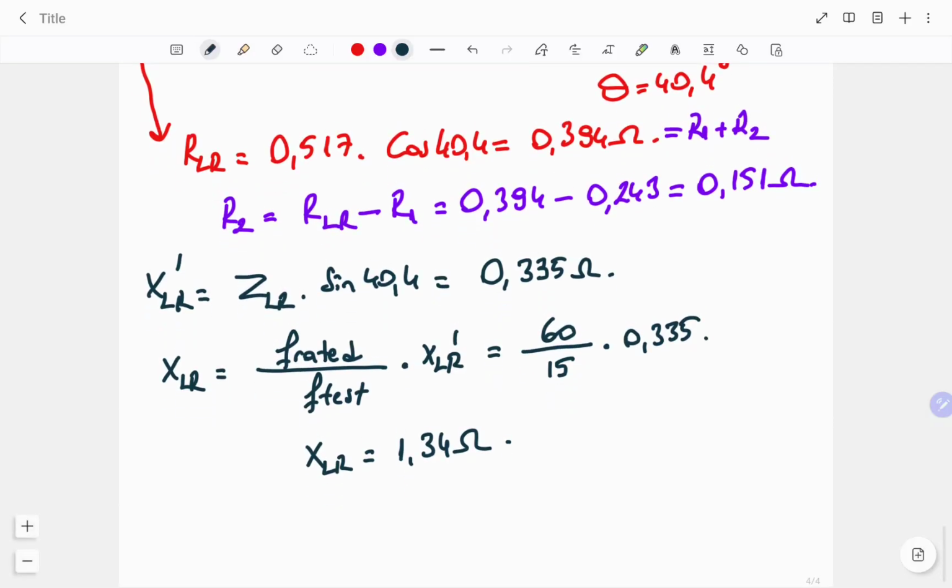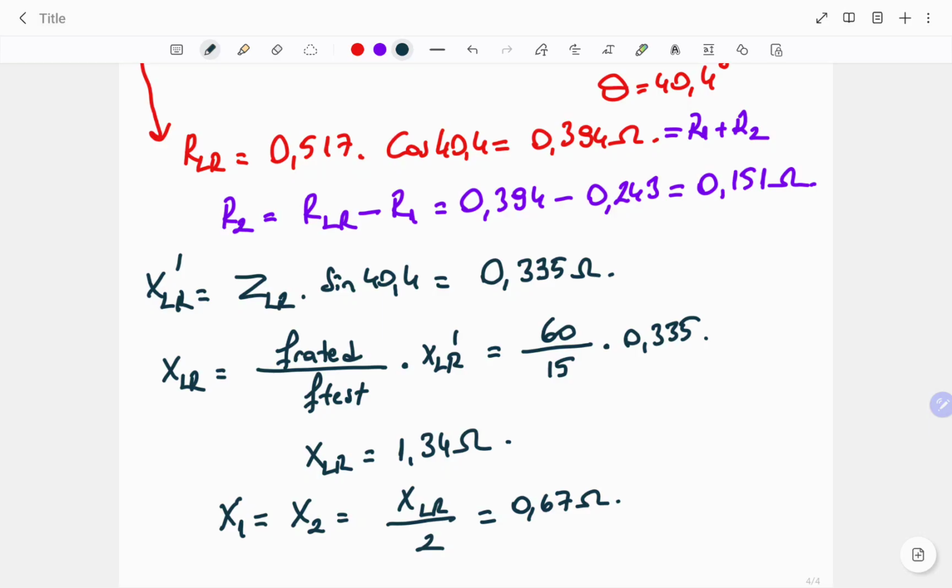If we have a design A-type machine, that means X1 must be equal to X2, and each will be half of the blocked-rotor reactance. So X1 and X2 will be 0.67.